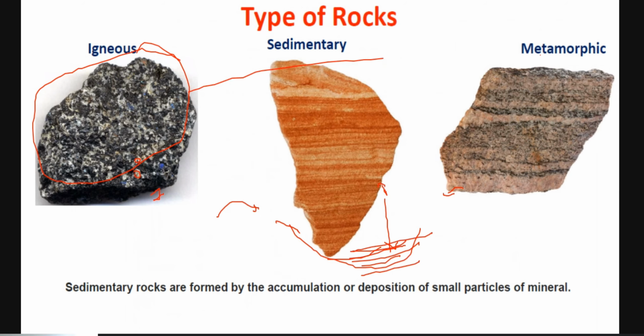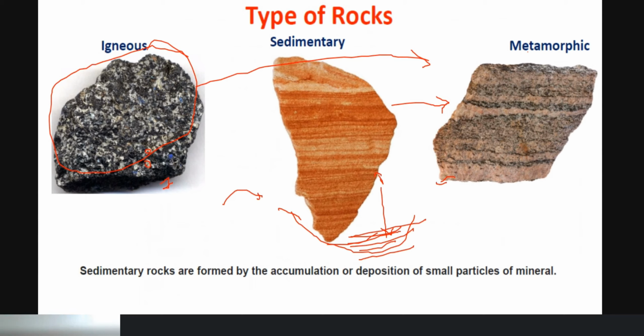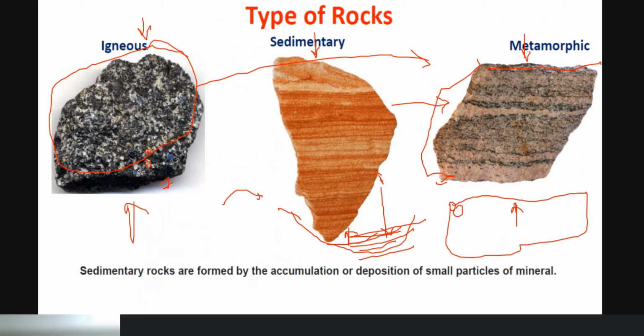If this rock goes through extreme pressure and temperature, it is metamorphosed, and the pore spaces will get lower. We will get a more compacted rock, sometimes a compact crystalline metamorphic rock.